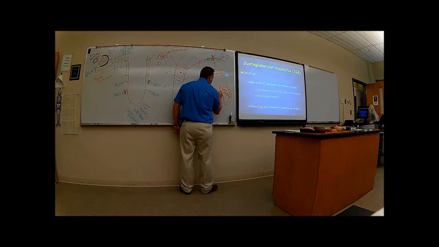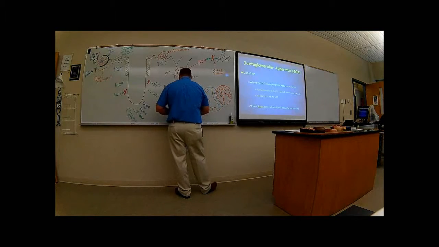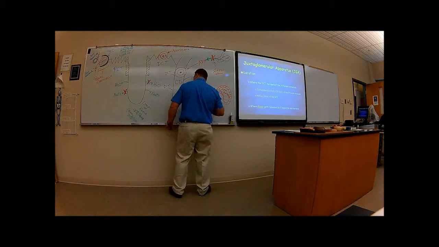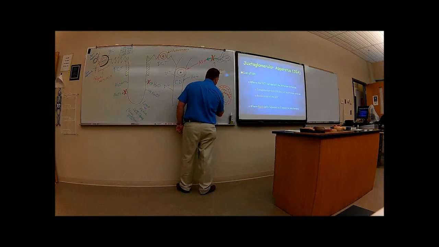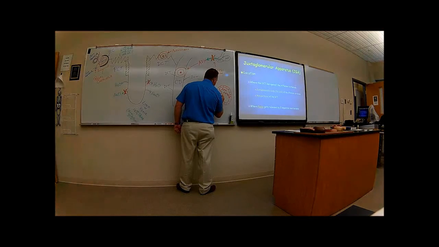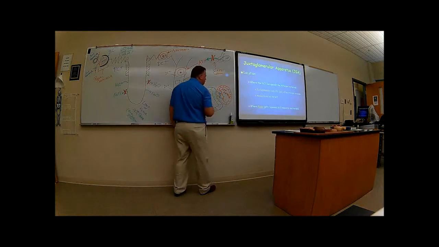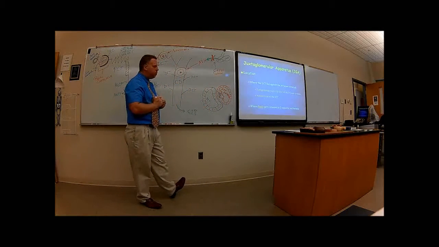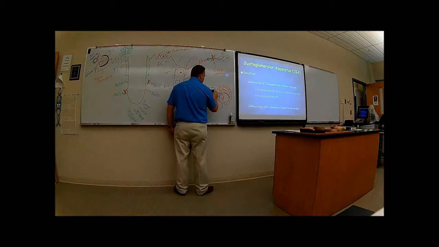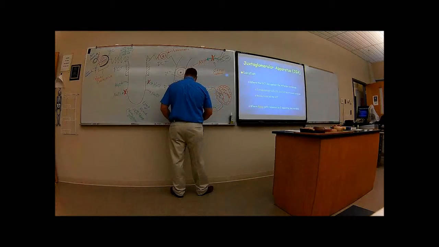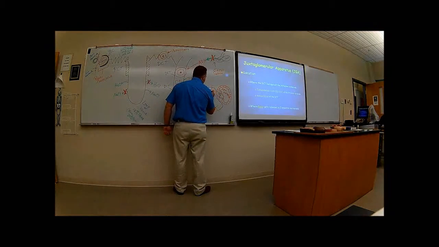And these cells are now referred to as the juxtaglomerular cells, or the JG cells. The cells of the DCT that are touching the JG cells, they also get modified a bit.